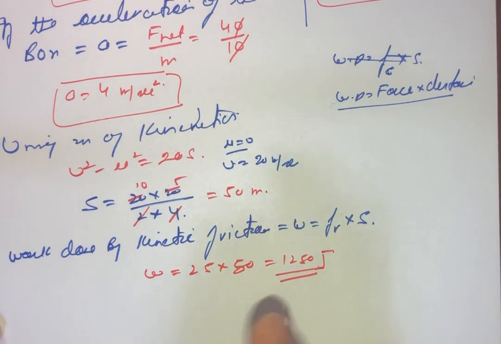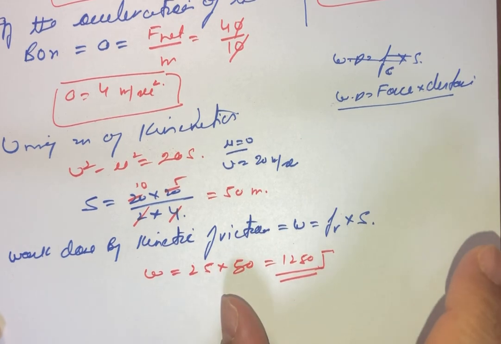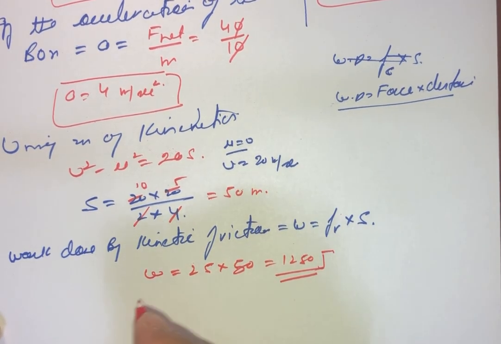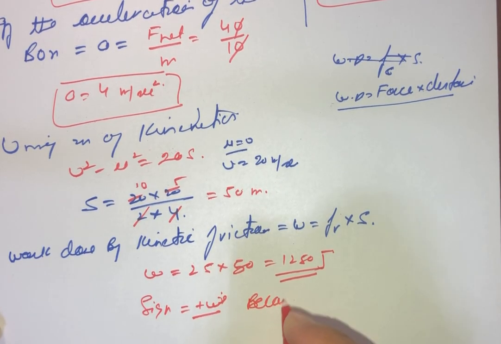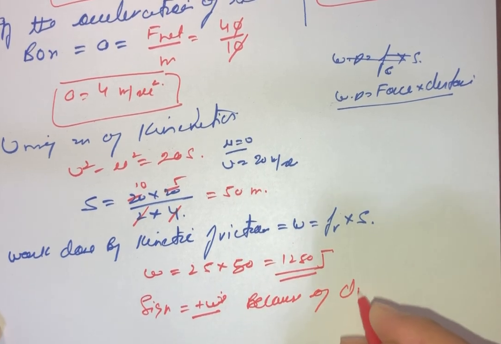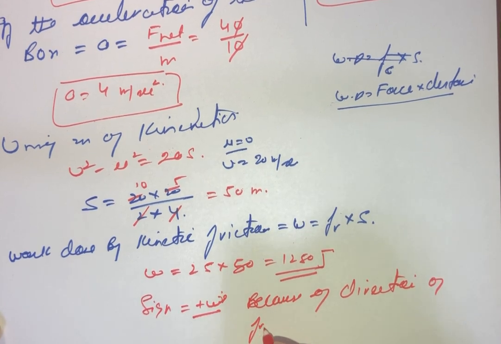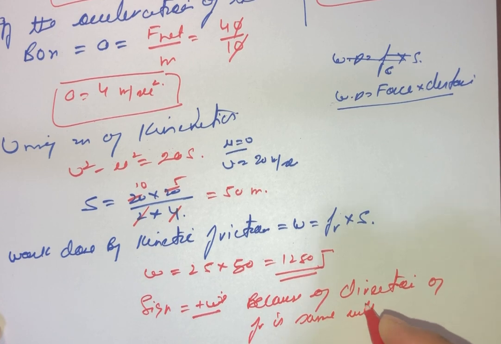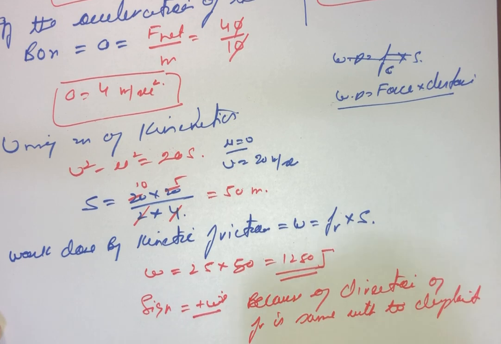Now the sign will be positive because the direction of the force which is acting and the distance traveled is the same. Okay, so the sign is positive because the direction of friction Fr is the same as the displacement along the belt.